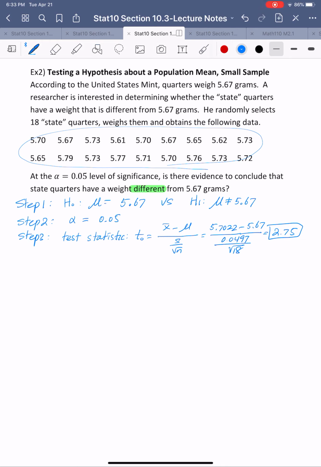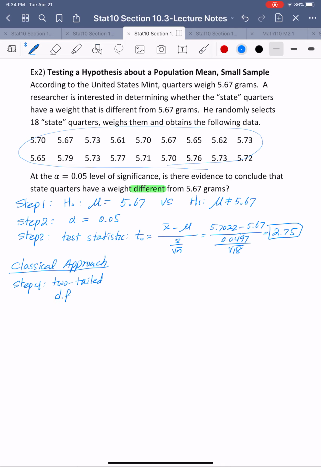It's important. So now we can do the classical approach, which is now step 4. So this is two-tailed. And the critical value at the alpha equal to 0.05 level of significance with n minus 1, which is 18 minus 1, is 17 degrees of freedom.